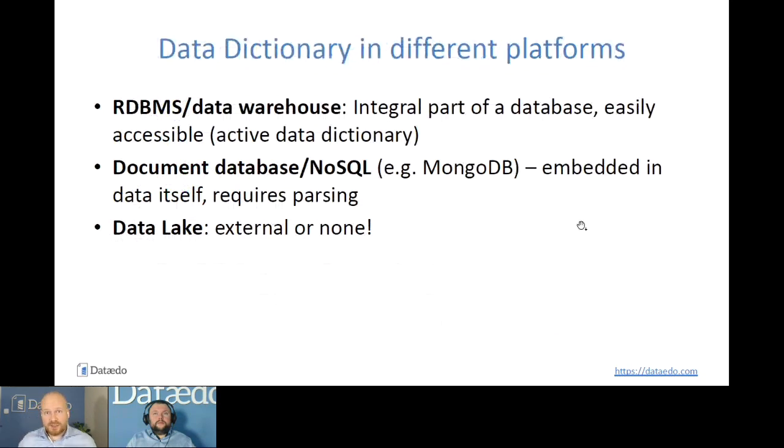Okay, another thing to be aware of is that different platforms manage the data dictionary in a different way. The most advanced are actually the oldest ones, the relational databases and the data warehouses. The data dictionary is an integral part of the database. That's something I mentioned before, the active data dictionary, and it's easily accessible.